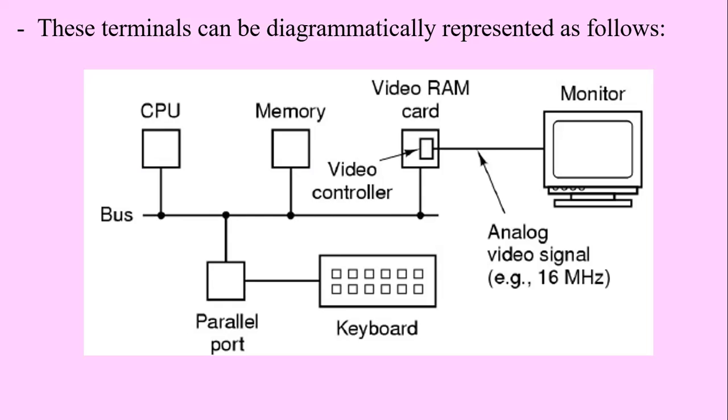And the video RAM card also contains what we call the video controller that is in charge of controlling and communicating with the monitor. And therefore, an analog video signal is sent between the video RAM card's video controller and the monitor for the purposes of displaying the required information.